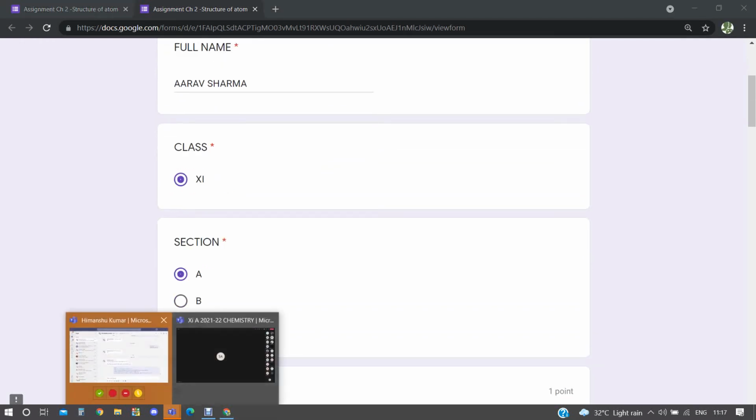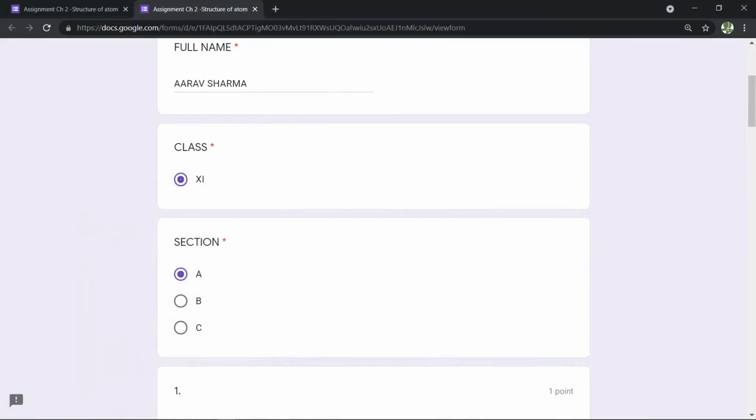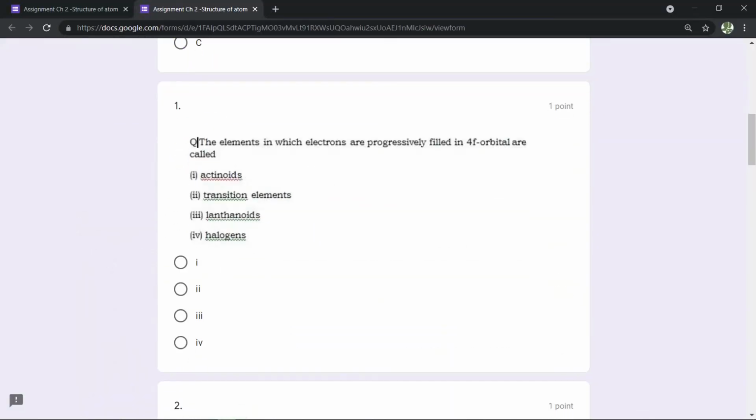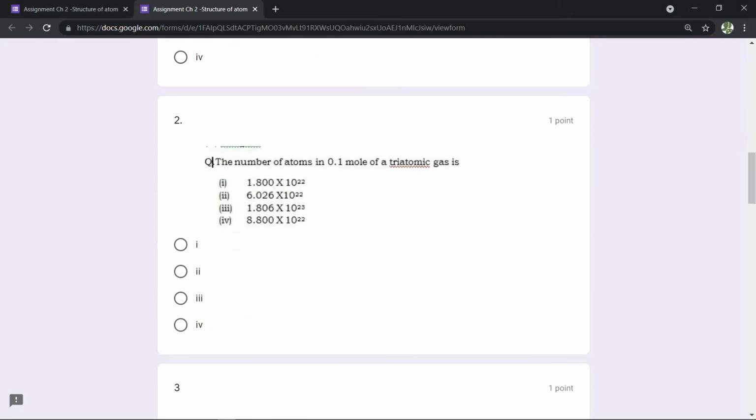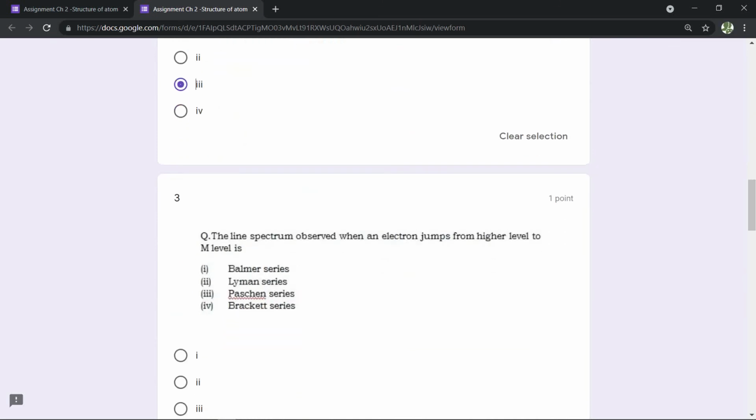The number of atoms in 0.1 mole of triatomic gas is. Now I am giving you a hint. Triatomic means 3 atoms. In 1 mole, how much will it be? 3 moles. So in 0.1 it is 0.3 moles. So 0.3 into 6.022 into 10 to the power 23. What will be the answer? Third part, 1.806 into 10 to the power 23.